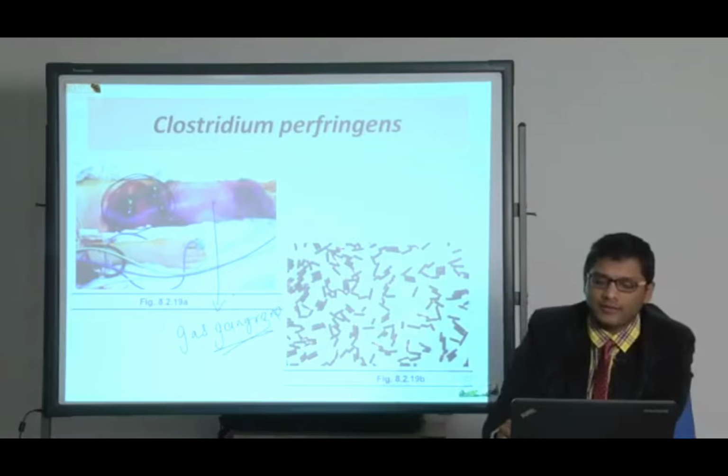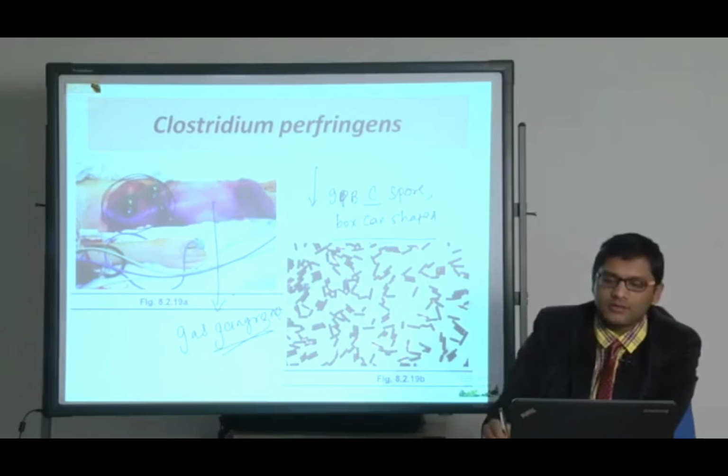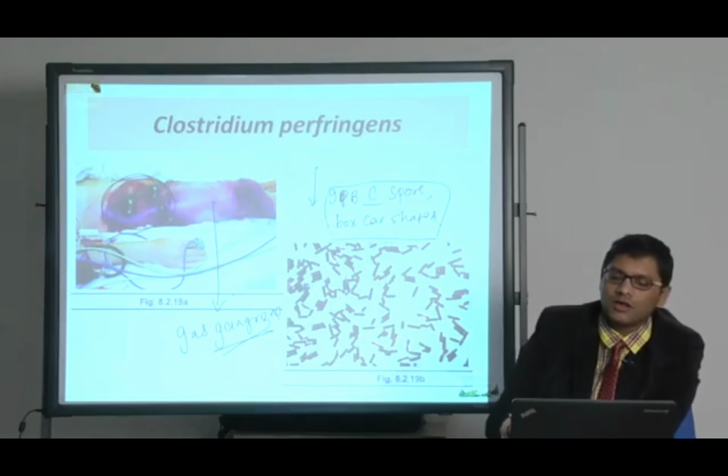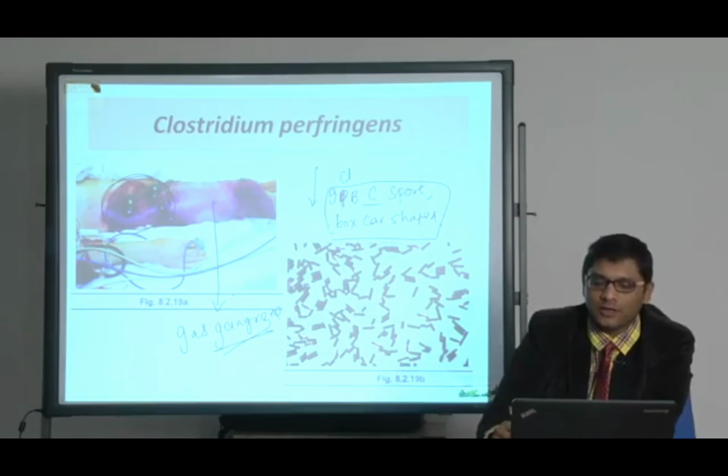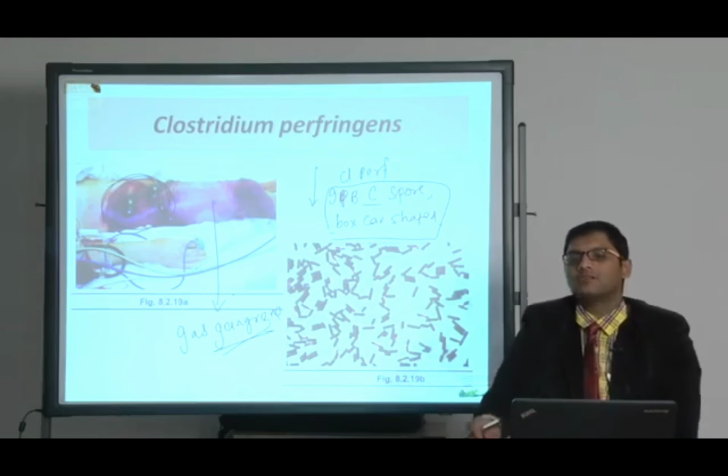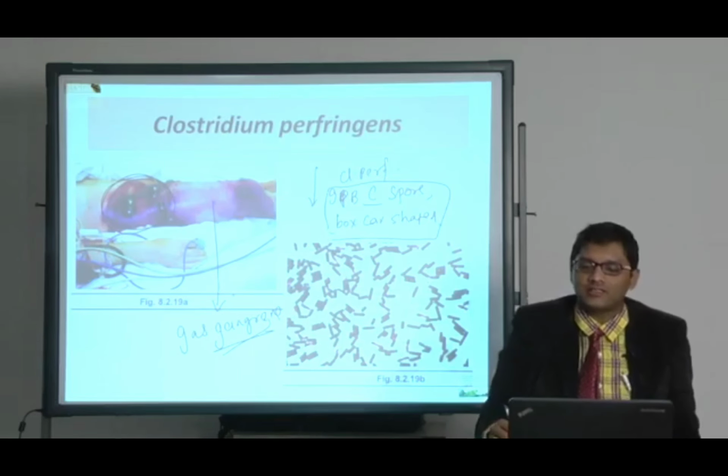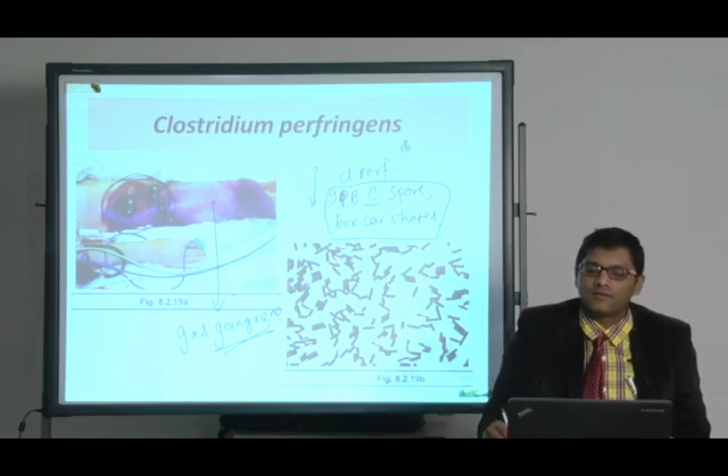When you do a gram stain, if you get gram positive bacilli without spores having a typical box car shaped appearance, this gives rise to the clinical suspicion that it could be Clostridium perfringens, because the gas gangrene strains are non-sporing.